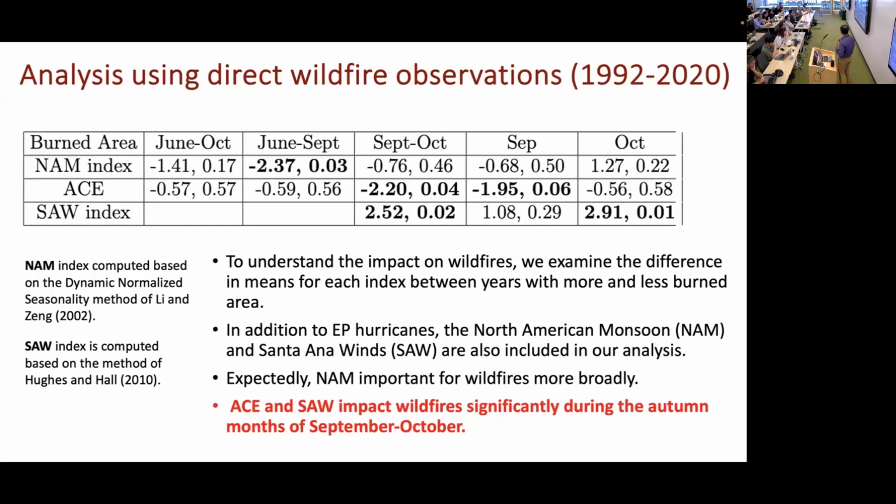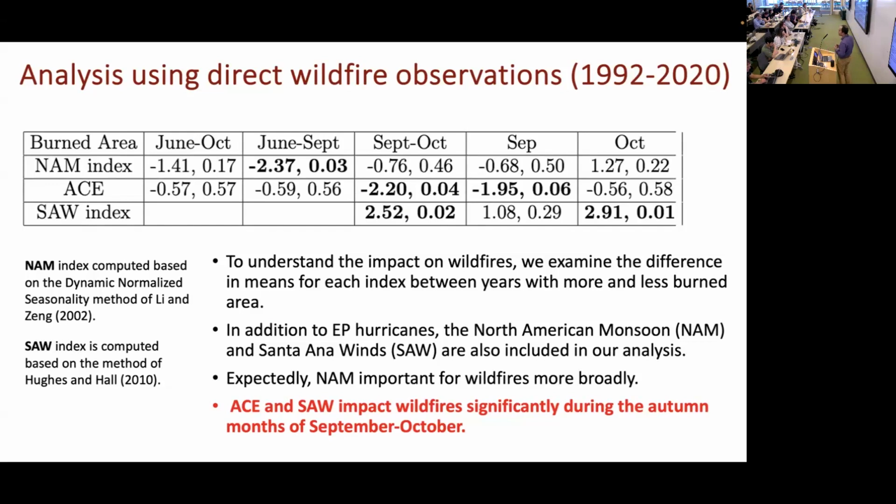And then we looked at various climate processes such as hurricanes, and then to see whether there's a statistically significant difference between those two. And in addition to hurricanes, we also included the North American monsoon, which plays an important role in driving precipitation in the warm season in the Southwest US.